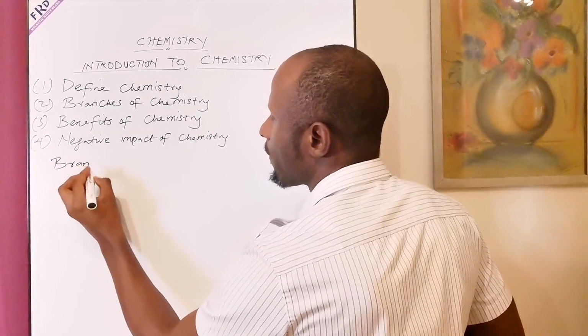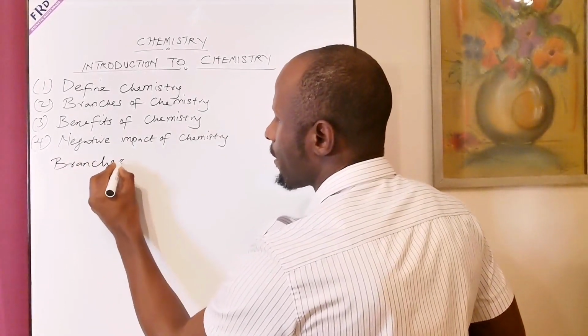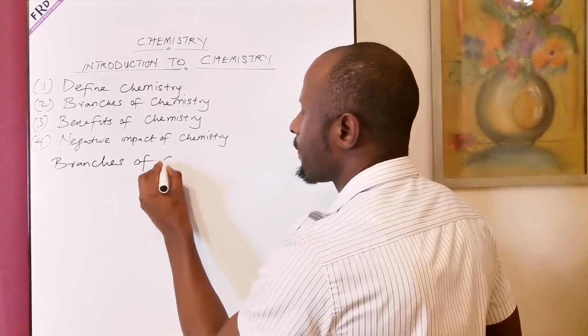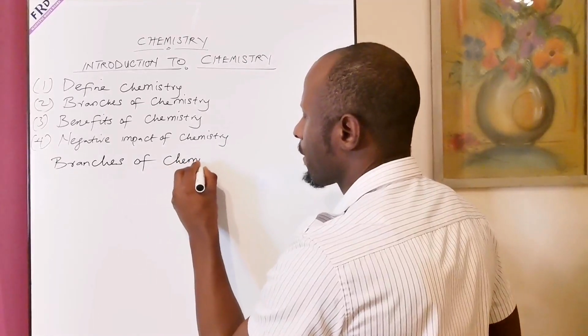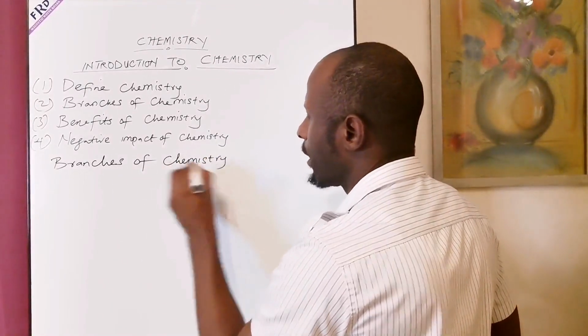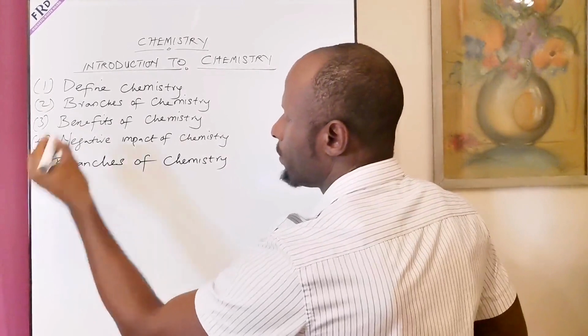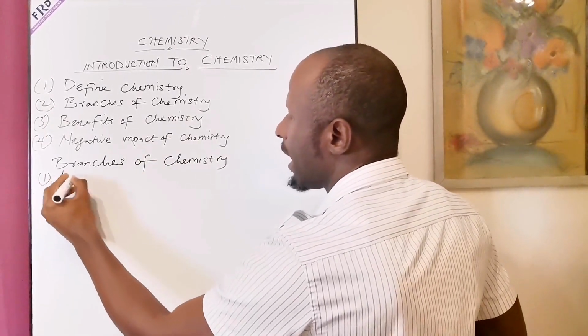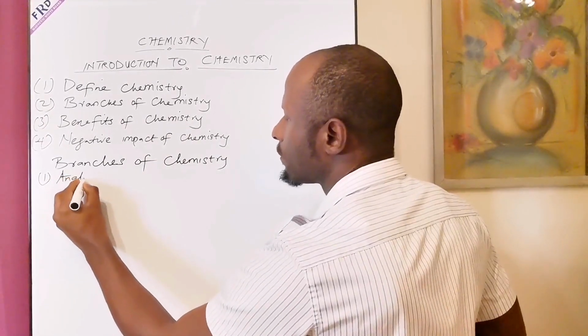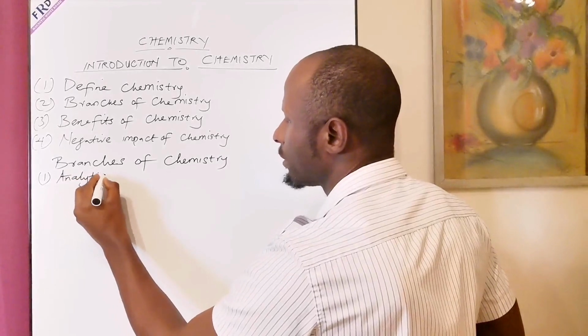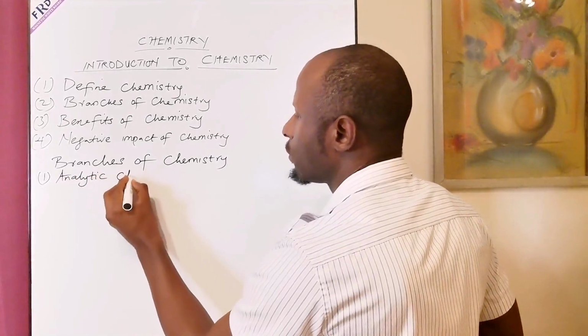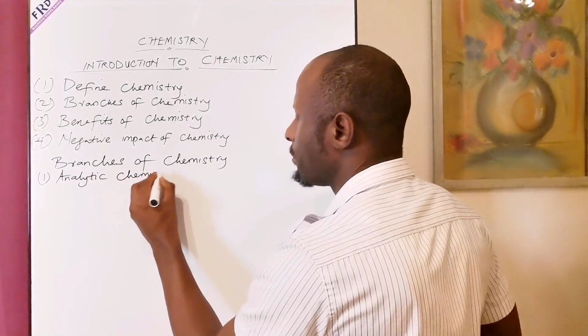Branches of chemistry. Number one, we talk about analytical chemistry.